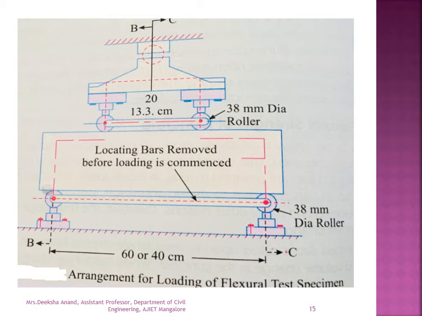So here you can see locating bars removed and loading commenced, and here 13 centimeters. The rollers are 13.3 centimeters apart, and the roller diameter is 38 mm, and here for the 2-point loads the end supports or the specimen is kept at a distance of 60 or 40 centimeters, and you can see the arrangement.